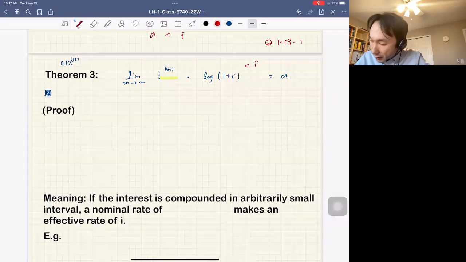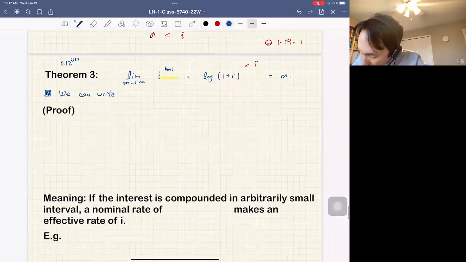So we can write this as i superscript infinity. If it compounds infinitely many times a year, then that is delta.